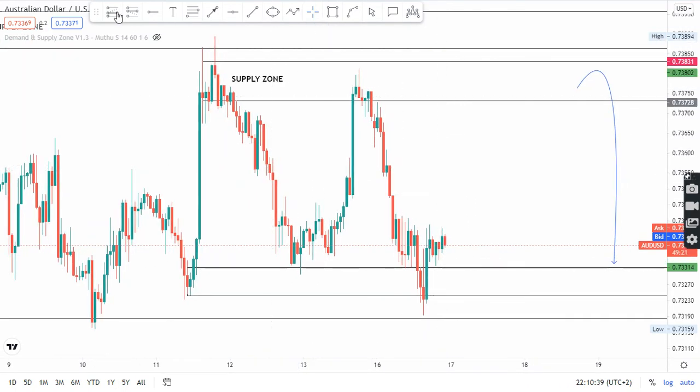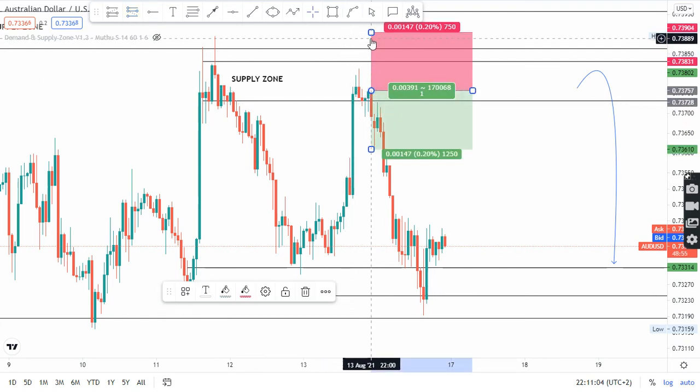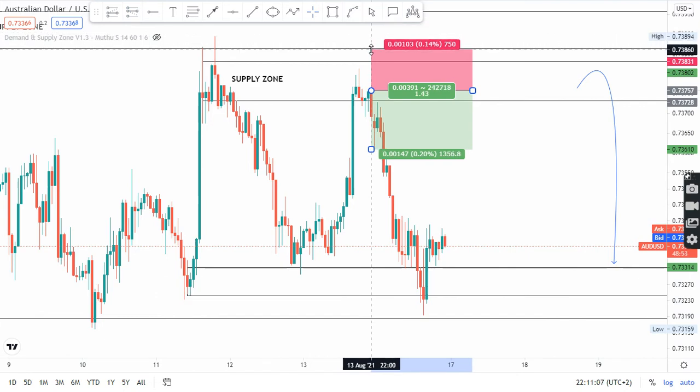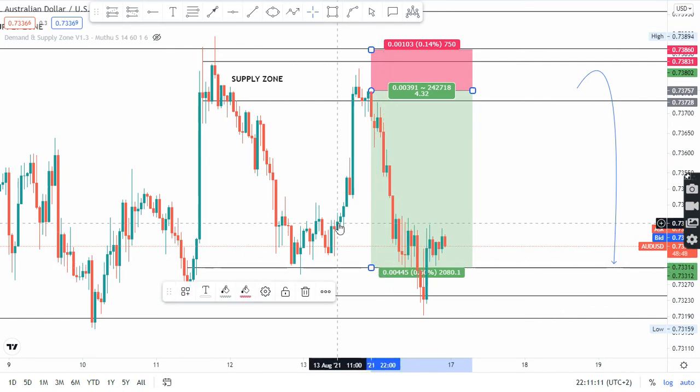Once price comes back to this level, you wait for your confirmation here. What did we have? We actually had a double rejection at that level. We also had what we call a bearish engulfing pattern at this level. If you go to the lower time frame, you realize that you had more like a head and shoulders pattern formation at this level, and that was your confirmation to sell, putting your stop loss above supply, and it beautifully reached our target.